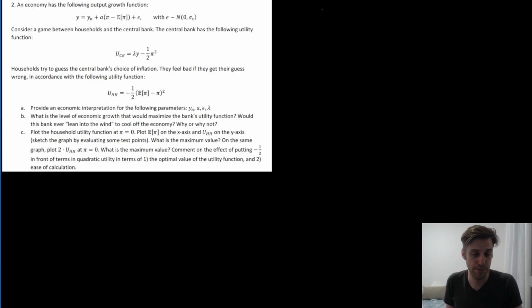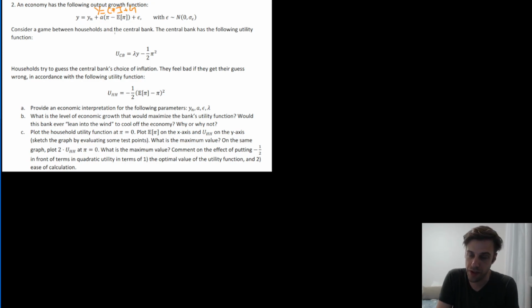So let's begin. We have an economic growth function, an output function. This is y equals c plus I plus g in disguise. Now we're simplifying it down a lot because we don't care about studying consumption, investment or government expenditure in this model.